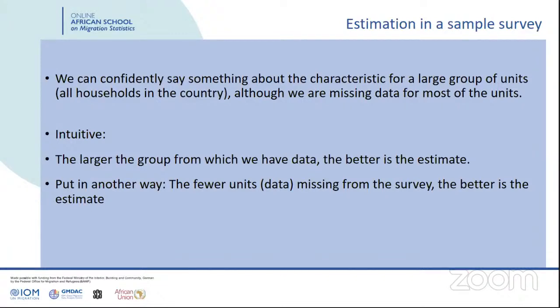Actually, we have more or less the true value for the population. We can put it another way and say the fewer data or units missing from the survey, the better the estimate is. So there is a relation between the quality of the estimate and the number of missing units from the survey.